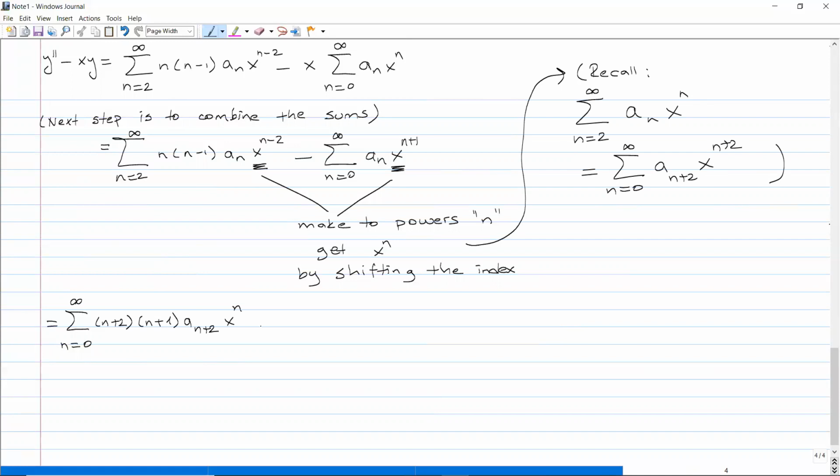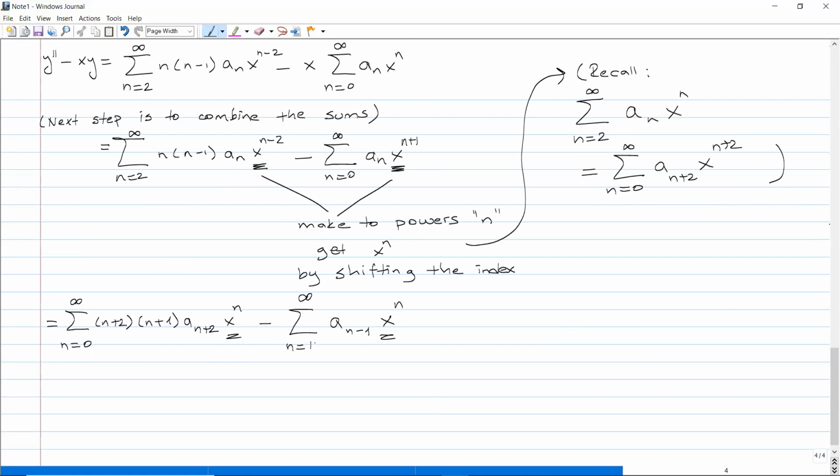For the second one, same thing, but now in the other direction. The power of x is n plus 1, so I need to bring this 1 unit down. So I take the initial index 1 unit up, and from 1 to infinity. Then inside, instead of n, I use n minus 1. So that gives me x to the power n. Okay, now both sums have x to the n.